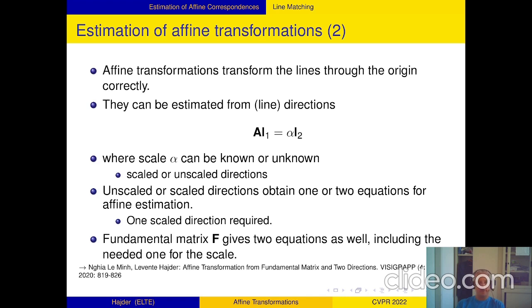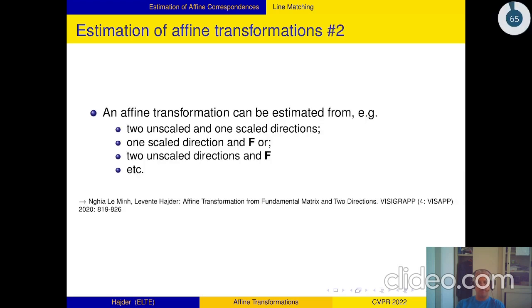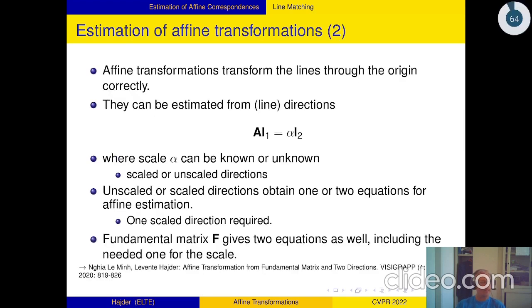So we have a scaled line pair for the two images. If we have multiple line correspondences between the two images which go through the same location, in that case the origin should be moved to that location.